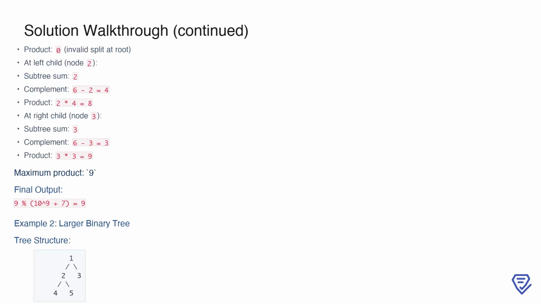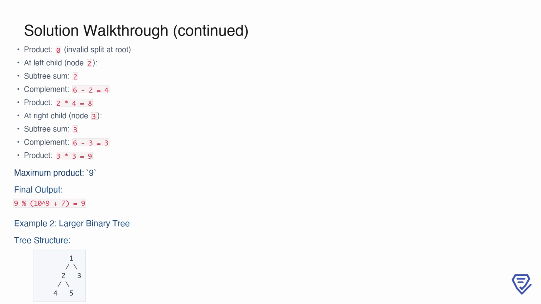Now that we have the total sum, we move on to finding the maximum product of splits. Starting at the root node, splitting the tree here would leave the entire tree intact, so the product is 0 and an invalid split. At the left child, node 2, the subtree sum is 2. The complement, or the sum of the remaining part of the tree, is 6 minus 2, which equals 4.